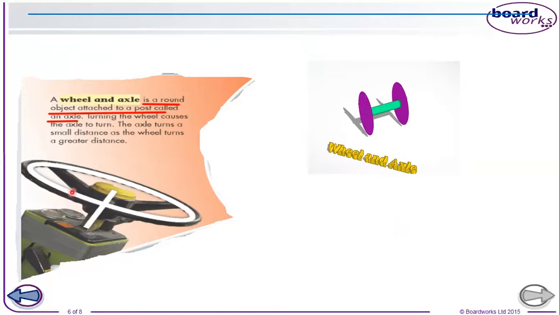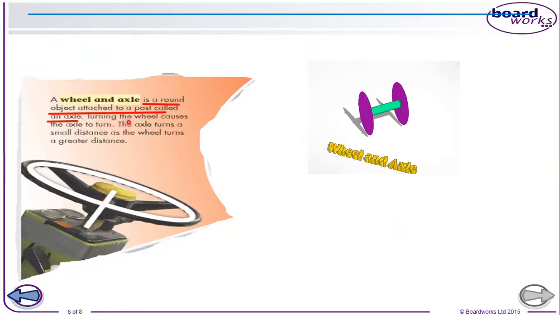Look at this picture also. This is the wheel, look at the pointer here, and here the axle. So, a round object attached to a post is called an axle.